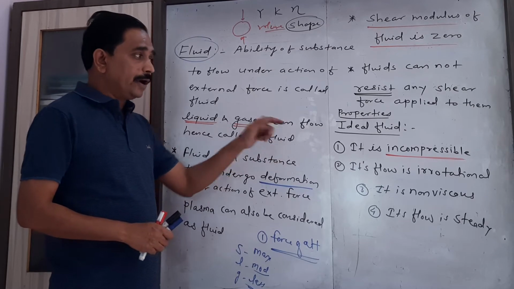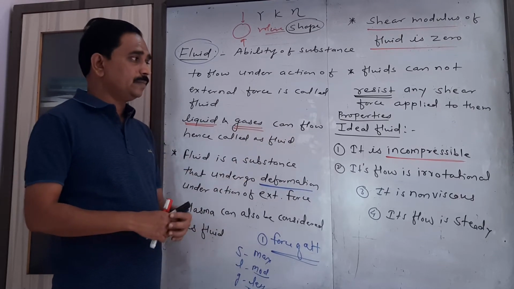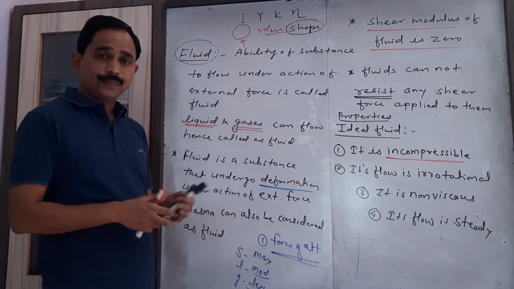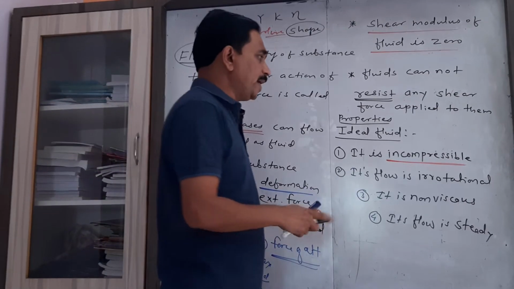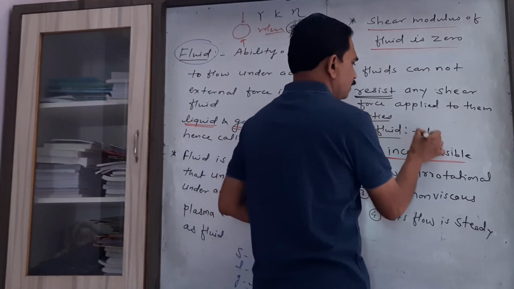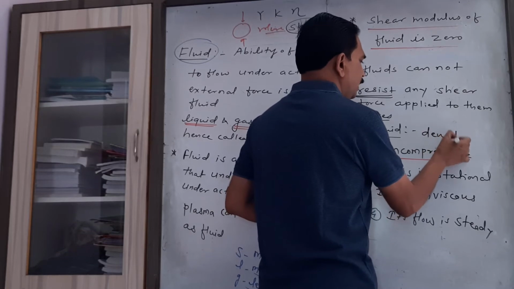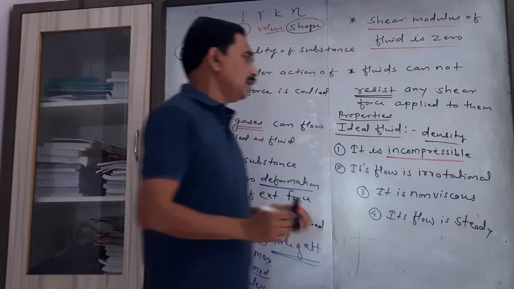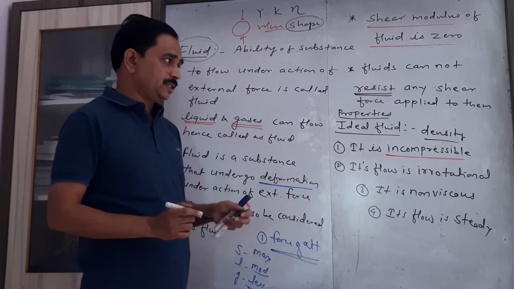Here we have to consider incompressible. It means the fluid whose density remains constant. A fluid whose density remains constant is called an incompressible fluid.